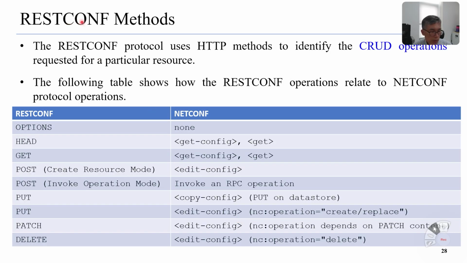RESTConf methods use HTTP methods, similar to REST API. Here options, head, get, post, put are REST APIs. Using these, we can execute the same NETCONF operations: get-config, edit-config, copy-config, something like that.